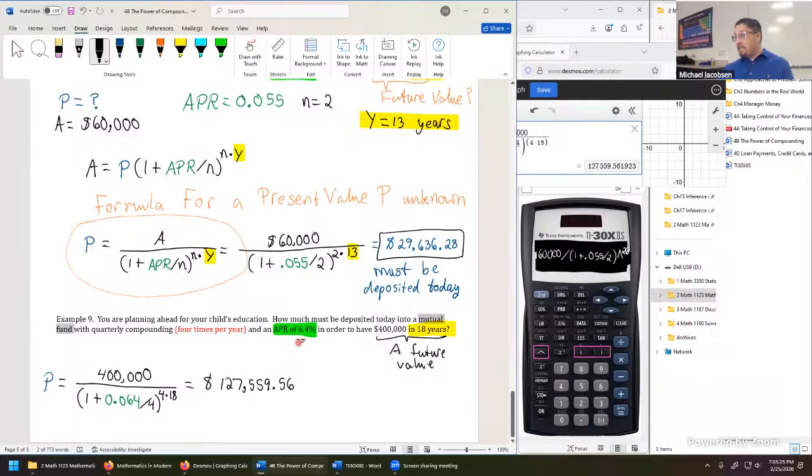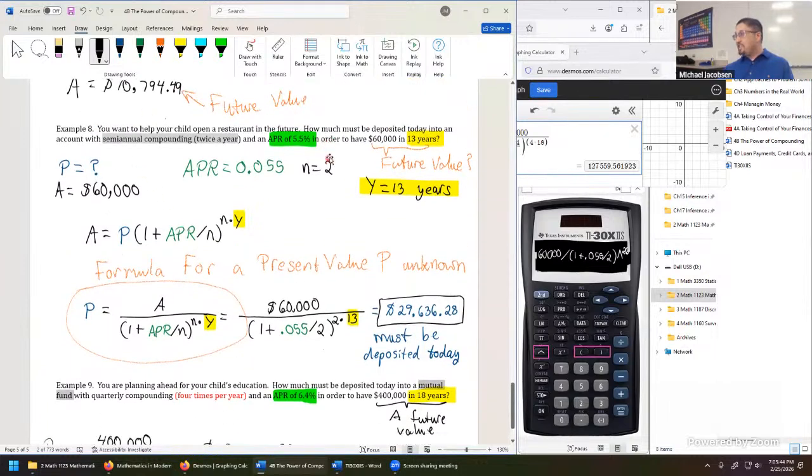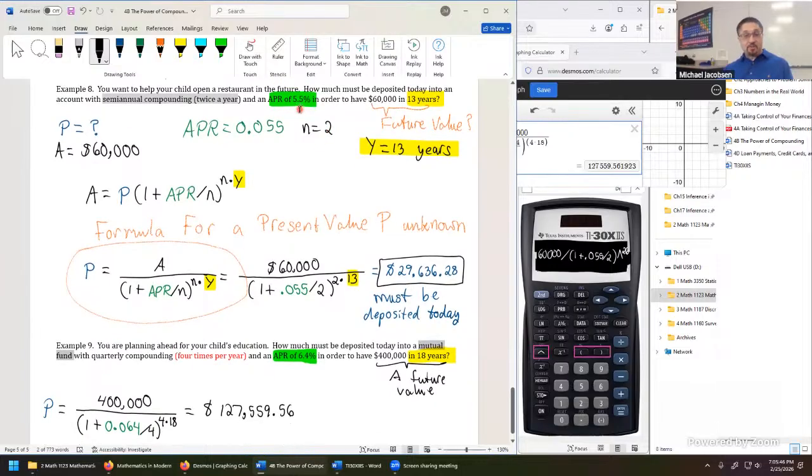The APR could be really, really low. We might find that we never got to 400,000. So the strategy for the other child on example 9 through the mutual fund is risky. But if it pans out, then this was not too much to invest. We never said what this account was, so this one might have been a risky account as well. That looks kind of high for a CD.